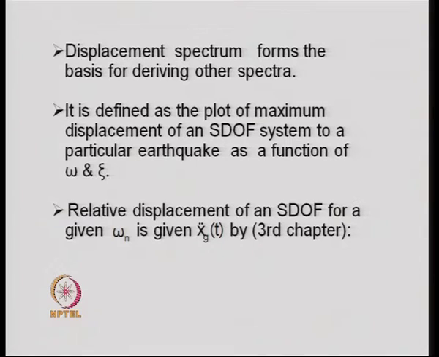For example, one of the methods that is widely used, especially in earthquake engineering, to obtain the response of the single degree of freedom system to a support excitation is using the Duhamel integral.